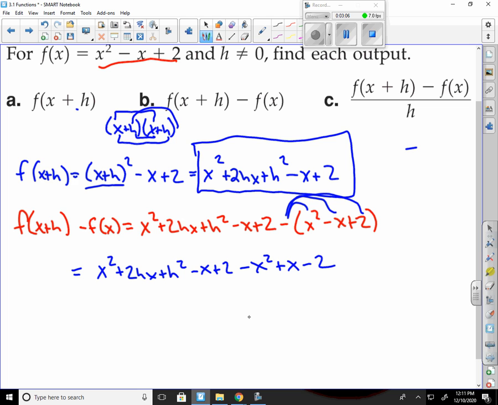Now I can combine my like terms here. I have x squared minus x squared, so those cancel. I have negative x plus x, those cancel. And I have 2 minus 2, those cancel. So all I'm left with is 2hx plus h squared.